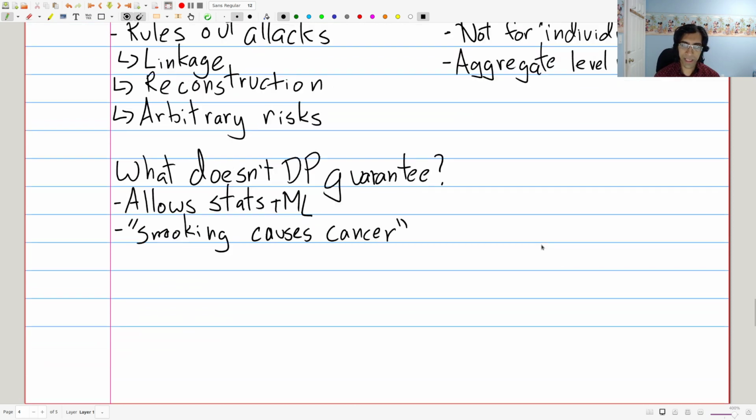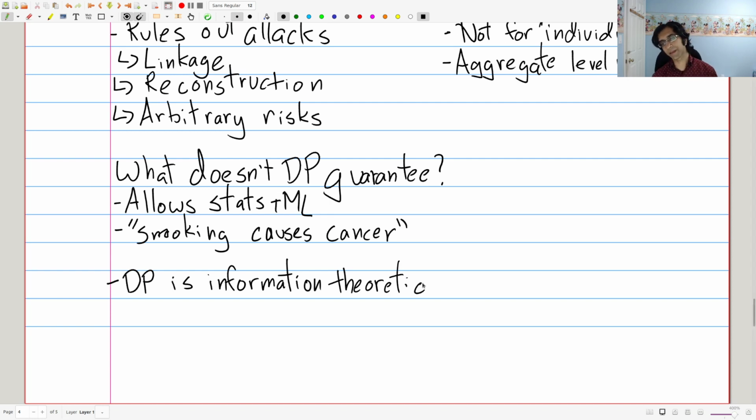And a final thing that I'll mention is that differential privacy is information theoretic. What do I mean by information theoretic? I mean that this is not really dependent on the adversary being computationally bounded or being bounded by what information they have on hand. This is really just a 100% information theoretic guarantee, even if they were infinitely powerful.